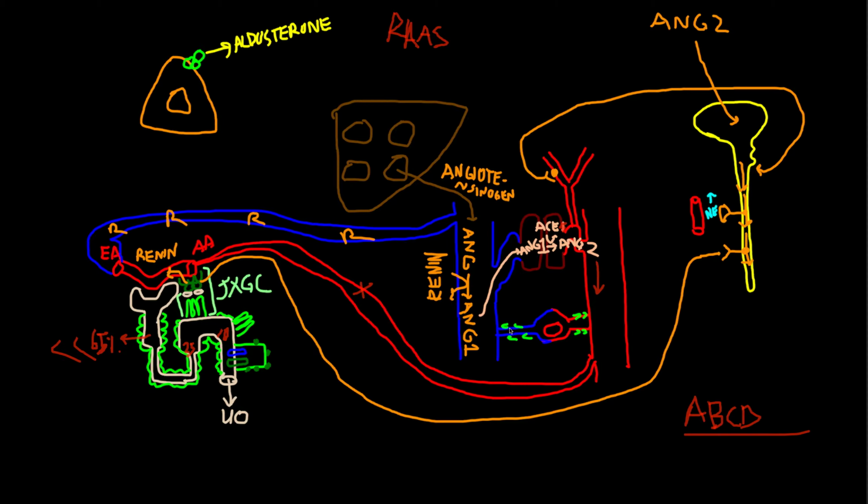So what happens? Let's start. Okay, so the venules are vasoconstricted. That means you get more venous return. 70% of your blood is in the venous circulation, but you get it more into the right heart. Believe it or not, that's a right heart. So you get increased end diastolic volume because you have increased venous return.